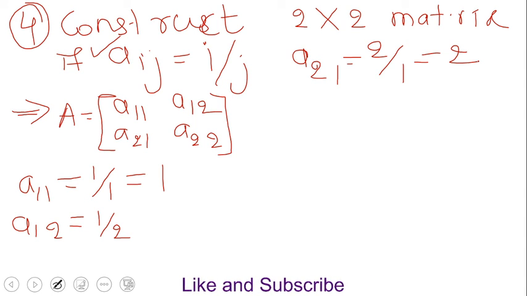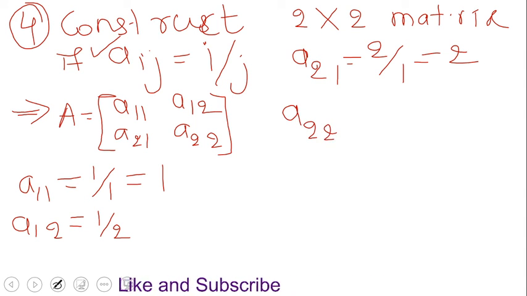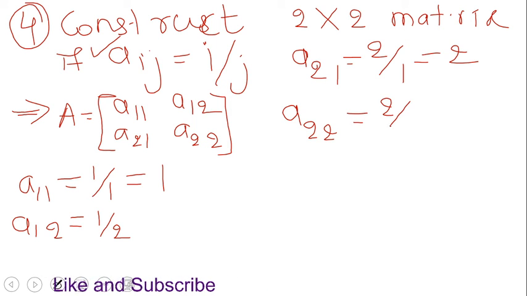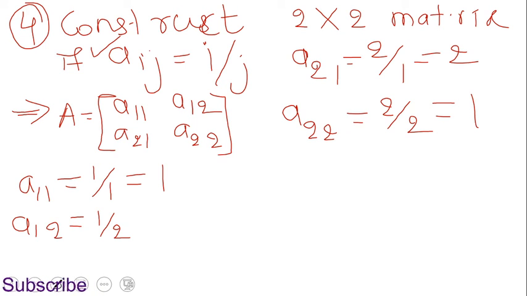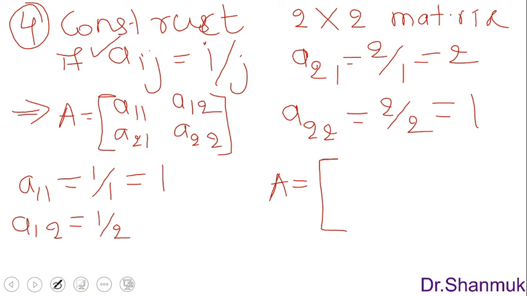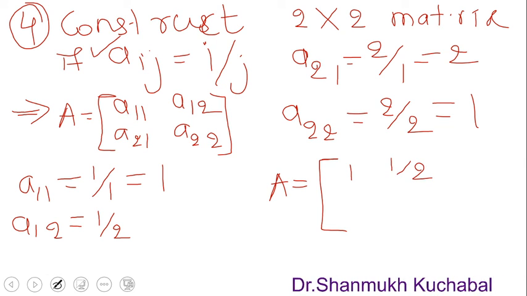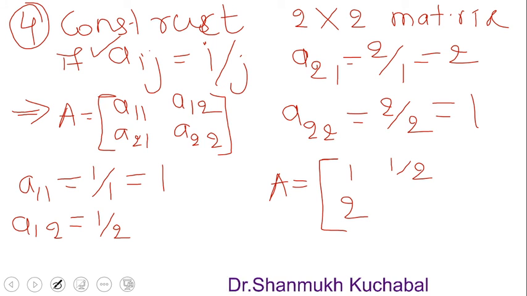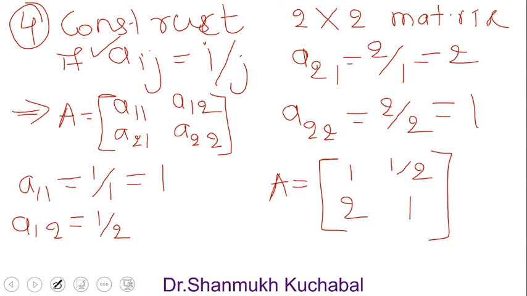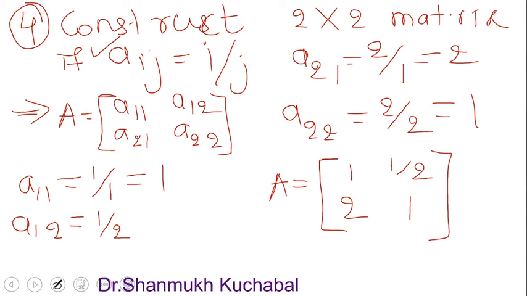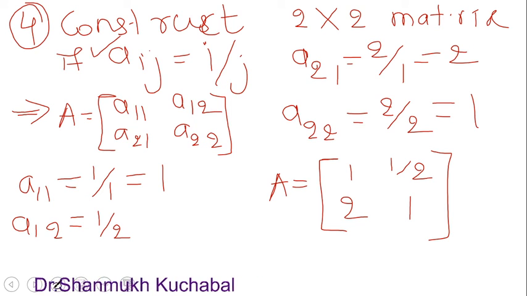Last value a22: i is 2, j is 2, so 2 divided by 2, which is 1. So we get a11 is 1, a12 is 1 by 2, a21 is 2, a22 is 1. This is the required simplification for the given example.